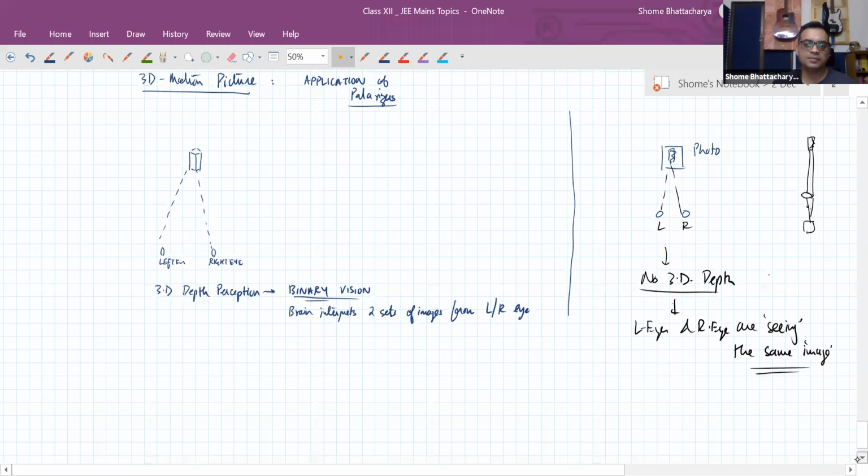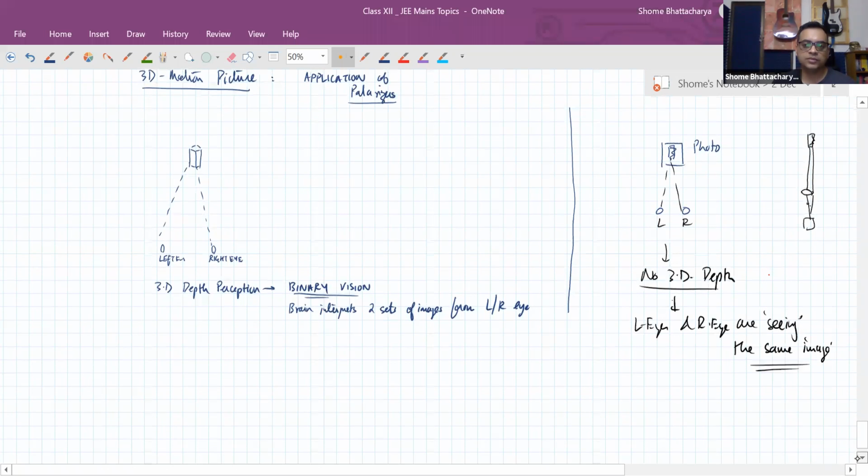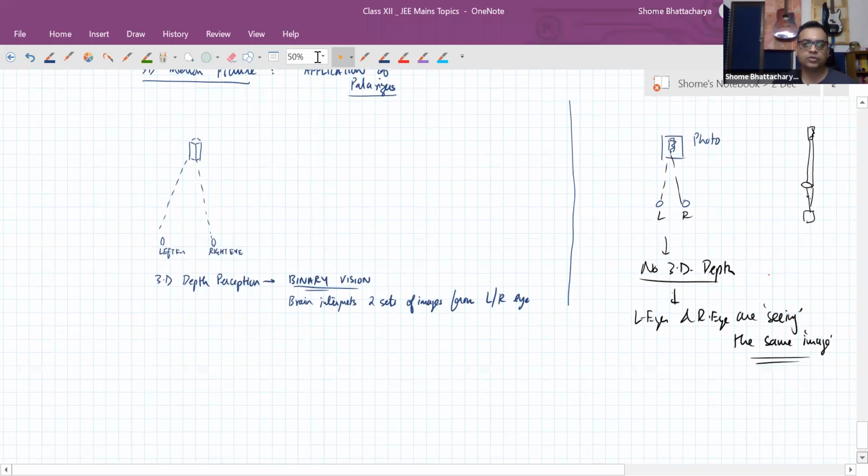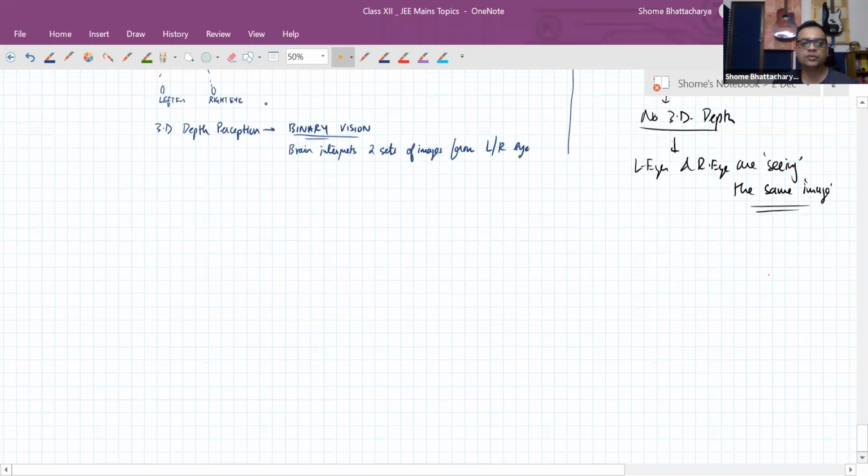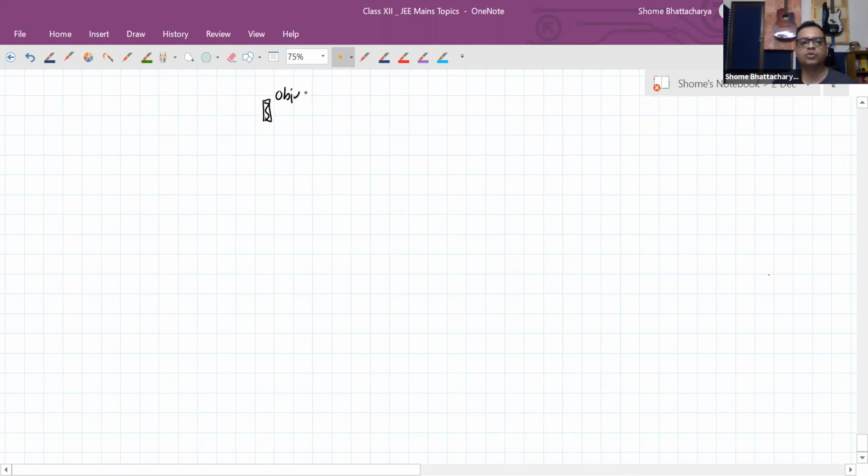So to make an image of that object appear three dimensional, we need to first of all photograph that object from two cameras, camera one and camera two. They'll create two different images, and now these two images need to be overlapped.